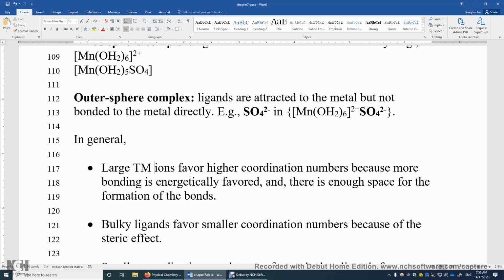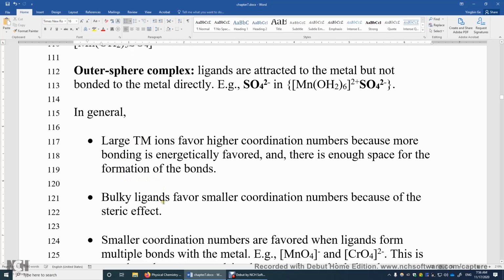And also, if you have a large transition metal cation, it can, of course, have enough space to form more bonds. So that's why very often in the aqueous solution of a transition metal, this metal can be bonded to 6 water molecules. It's very often to see a transition metal bonded to 6 water molecules in an aqueous solution.